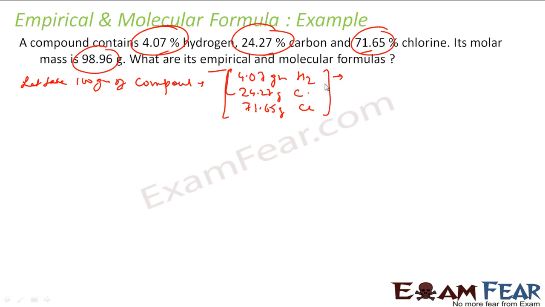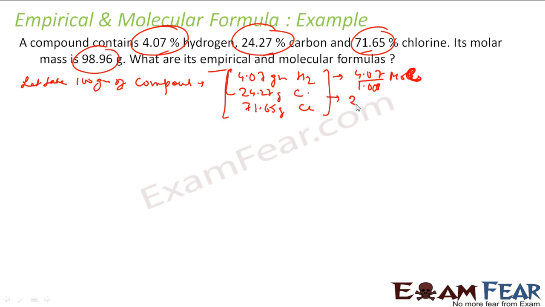So 4.07 grams of hydrogen is nothing but 4.07 by 1.008 moles. We're converting everything into moles now, because with moles we can find the empirical formula.